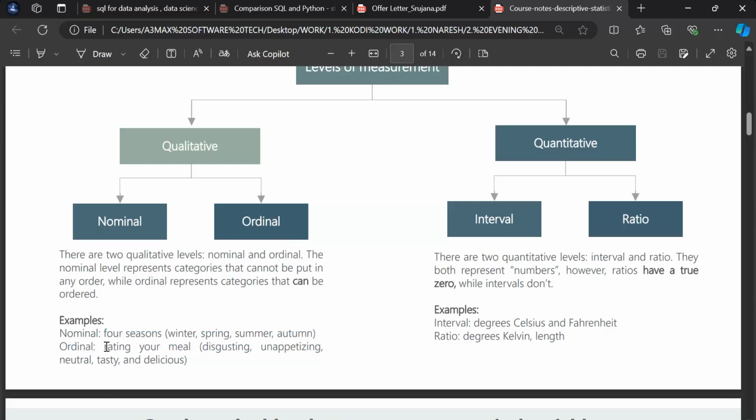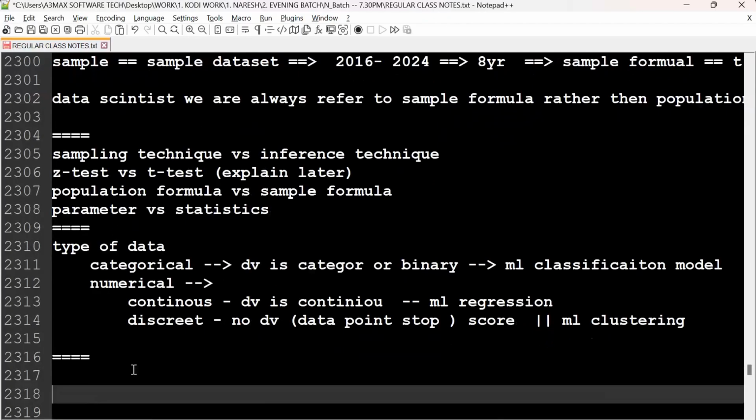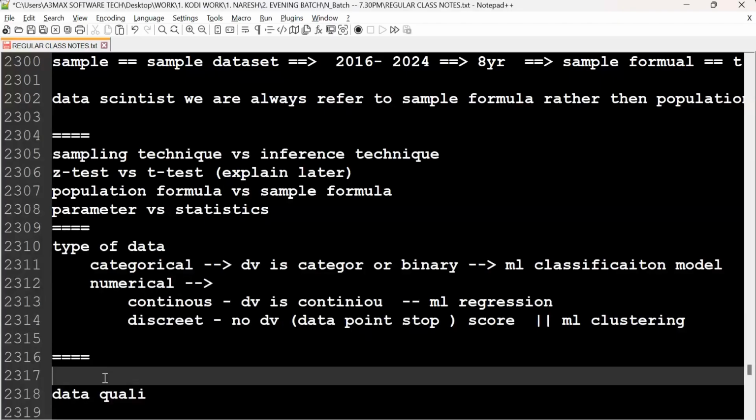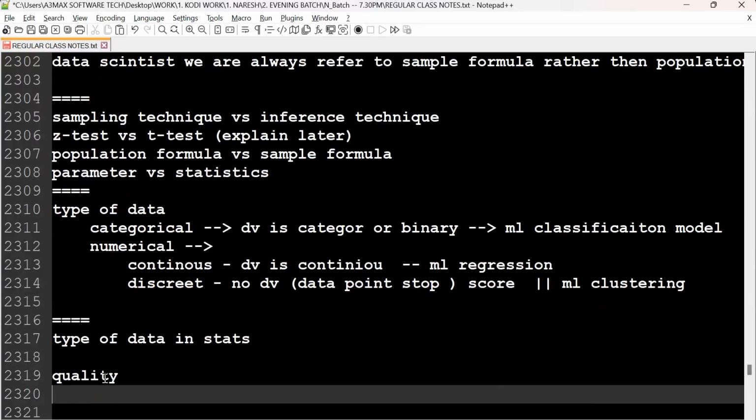The next one, what is ordinal? Ordinal means rate of a meal: disgusting, unappetizing, neutral, tasty, and delicious. I don't know how many of you are clear, but I have just covered the data quality types. So these are types of data in stats, the first being quality and quantity.